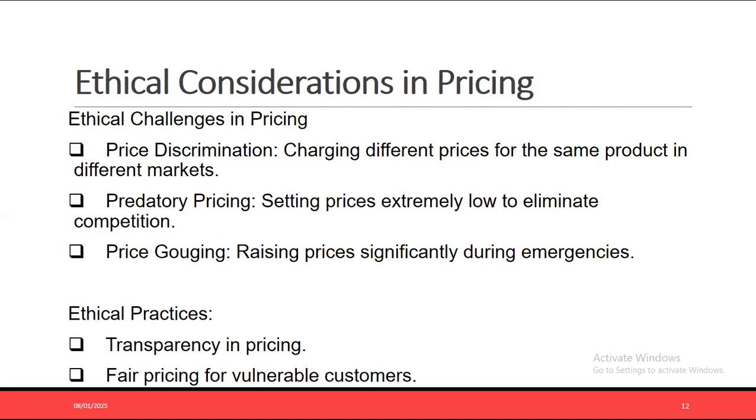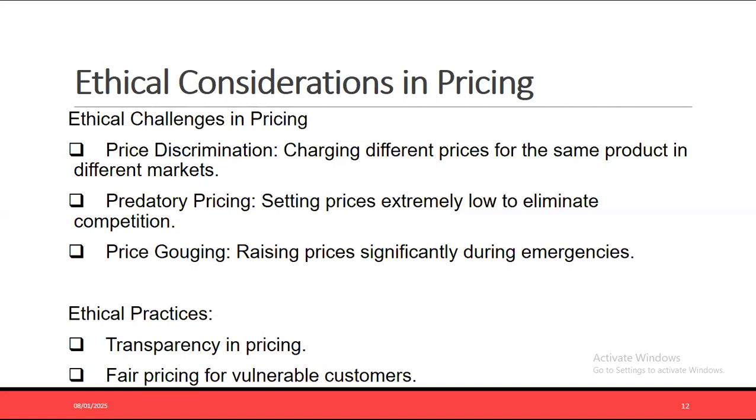There are some ethical issues to consider when pricing. There's price discrimination: as much as possible, a marketer should charge the same price for the same product. Price discrimination means charging different prices for the same product in different markets.